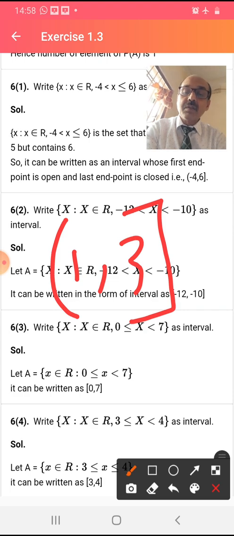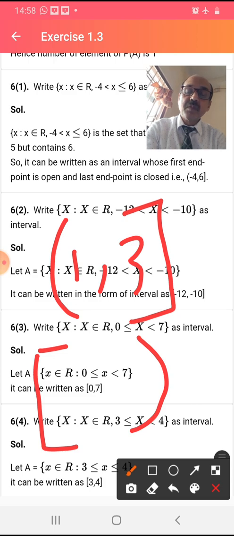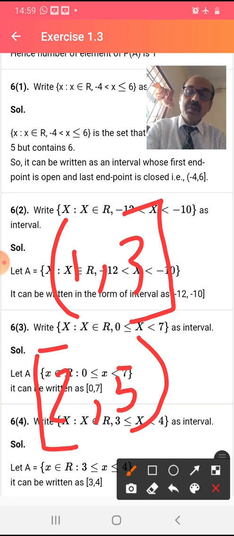And another one is closed, open. Suppose 2, 5. So including 2, excluding 5. So the elements are 2, 3, 4. Not 5. 5 is excluded because the end is open, and the start is closed, so including 2. So these are the different types of intervals.